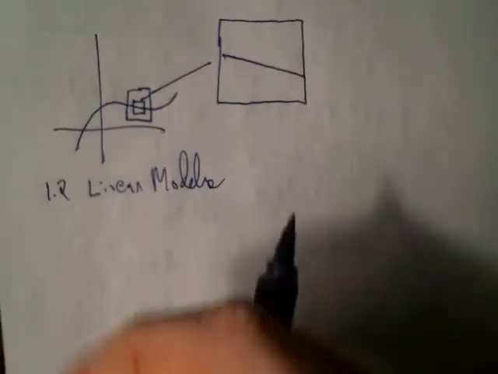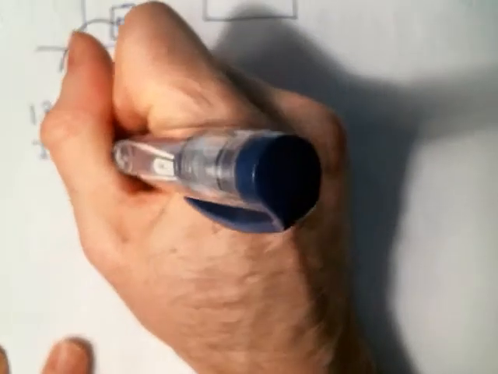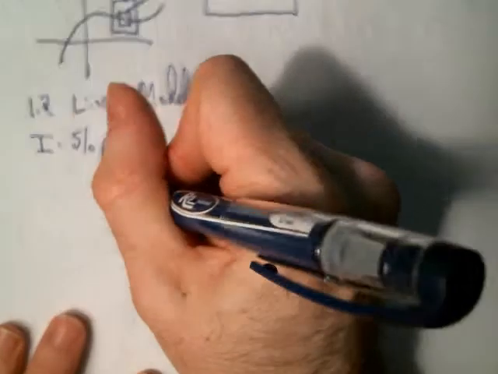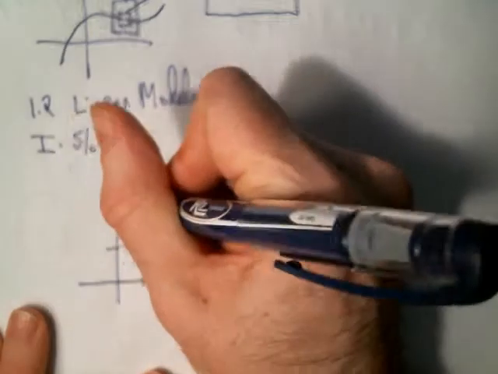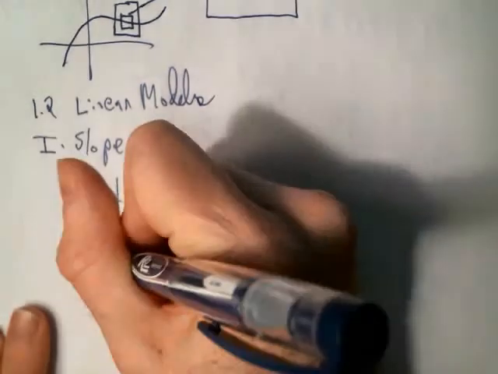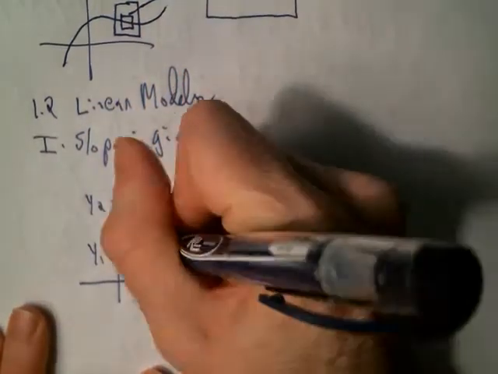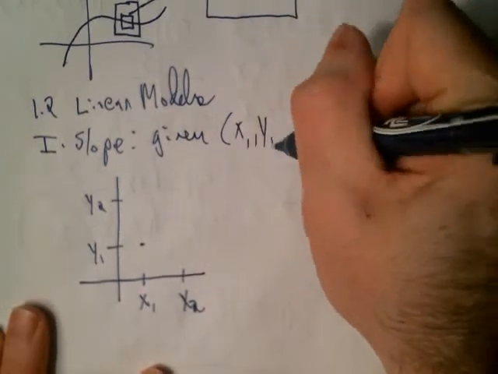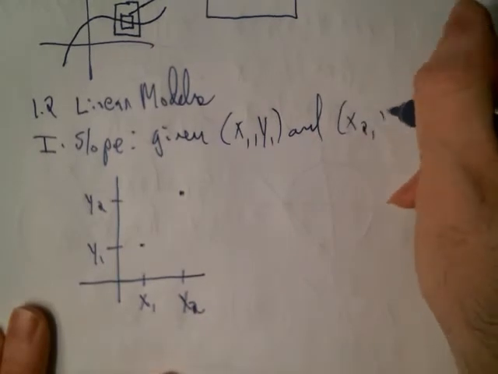Okay, so the first thing, slope, extremely important to us. We'll start calling slope the derivative later on. Slope is a term we use particularly with equations of lines. So we have some points in the plane, x1, y1, and some other point, x2, y2.